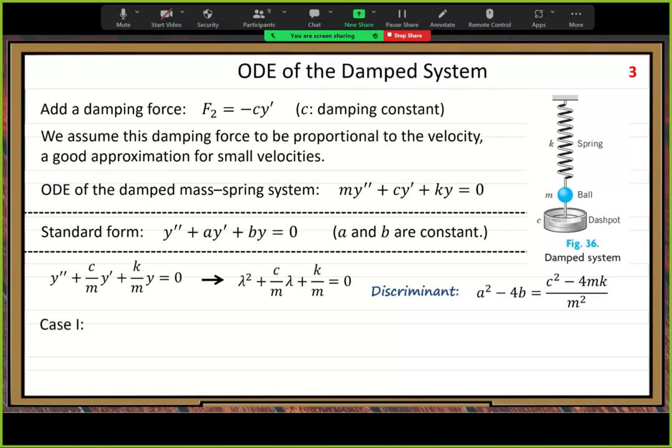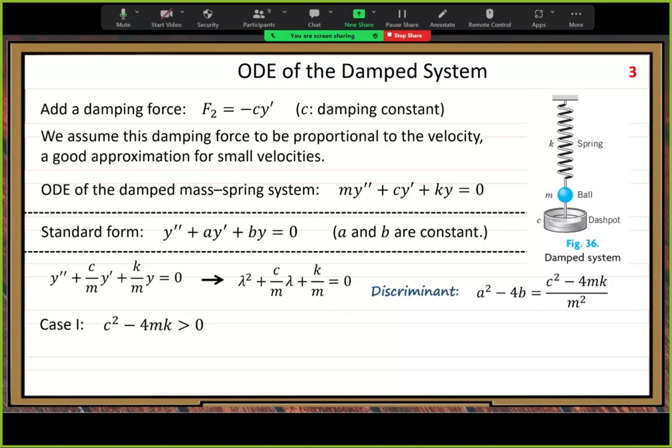Then, based on the discriminant values, there are three cases. Case 1, the discriminant is greater than 0. In the discriminant, c is the damping constant, and c squared is greater than 4mk.